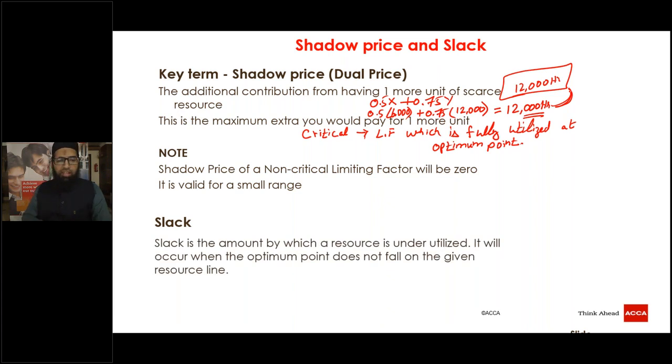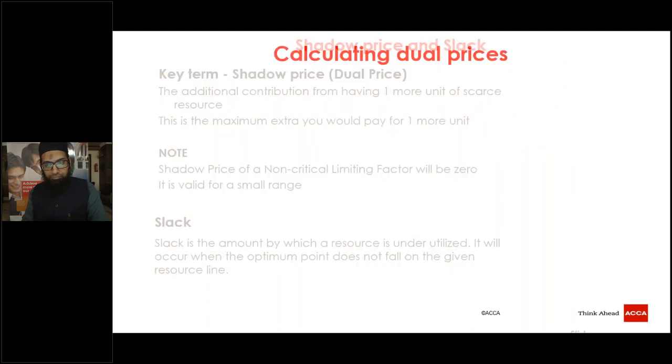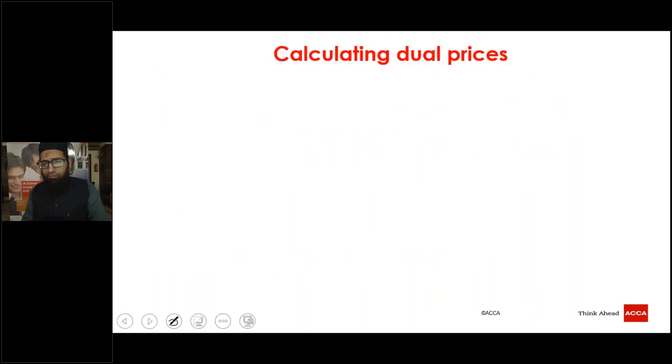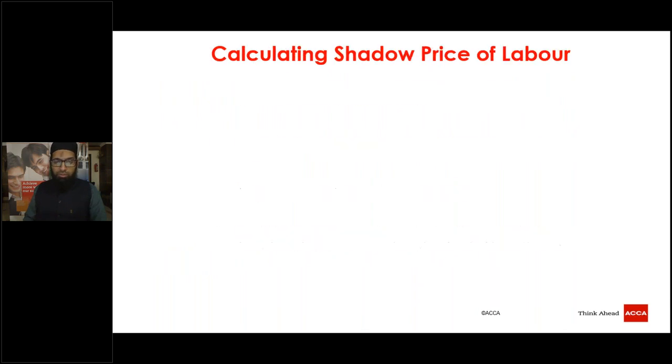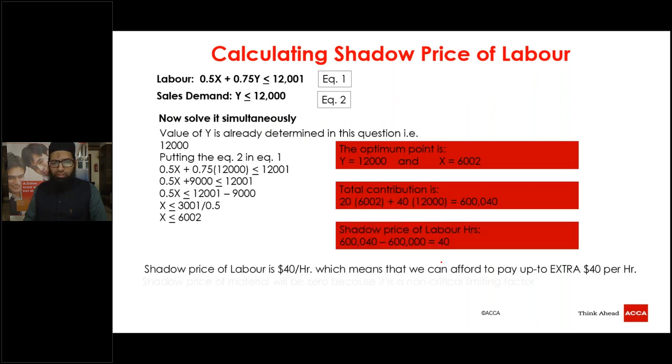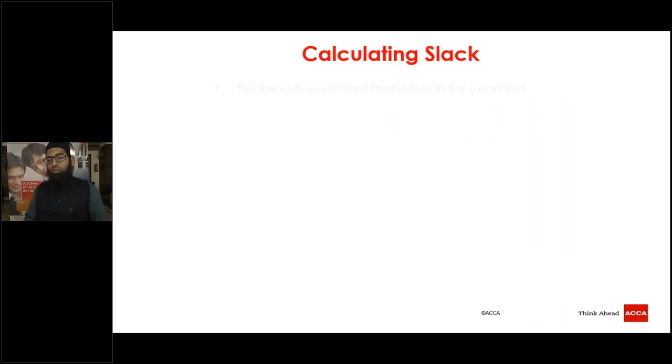Now, what is a slack? Slack is the amount by which a resource is underutilized. It will occur when the optimum point does not fall on the given resource line. In my next slide, I have calculated the shadow price or the dual price. But before that, let's calculate the simple point, that is the calculation of a slack.